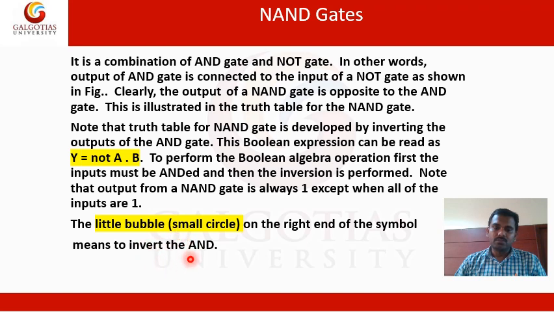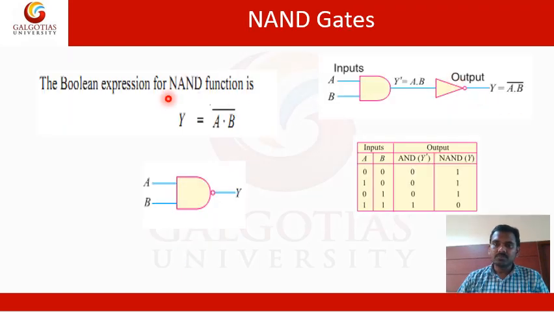So if we use a small bubble on the right end of the AND gate, it gives the symbol for the NAND gate. Here we can see the Boolean expression for the NAND gate function is Y equals A and B whole bar. So if you place a bar over A dot B, that is the Boolean expression for the NAND gate.